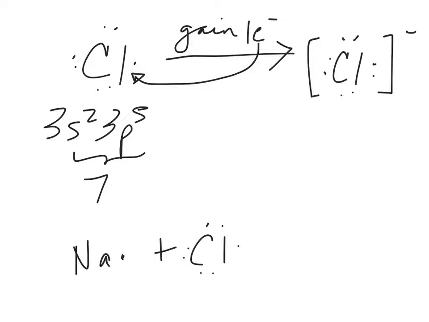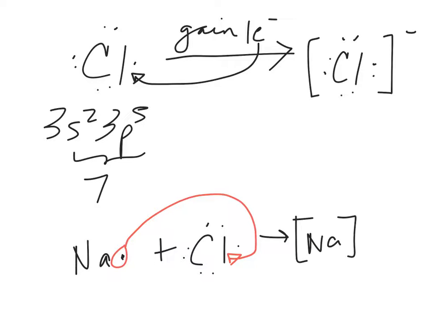This electron right here is going to be given from the sodium atom to the chlorine. So then we can show the Lewis dot structure for this particular compound looks like this.